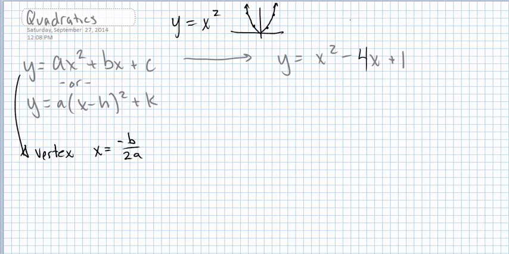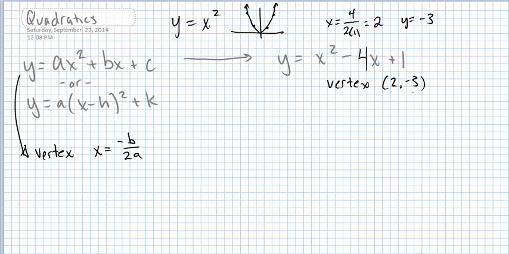Let's find the x-coordinate of the vertex for this function. x equals the opposite of b, which is 4, over 2 times 1. So we have 4 over 2, which is 2, and then the y-coordinate is going to be 2 squared, which is 4, minus 4 times 2, which is 8, so negative 4, plus 1 is negative 3. So our vertex is (2, -3).